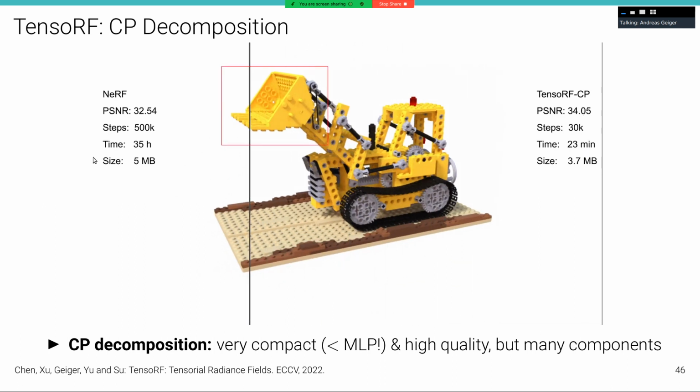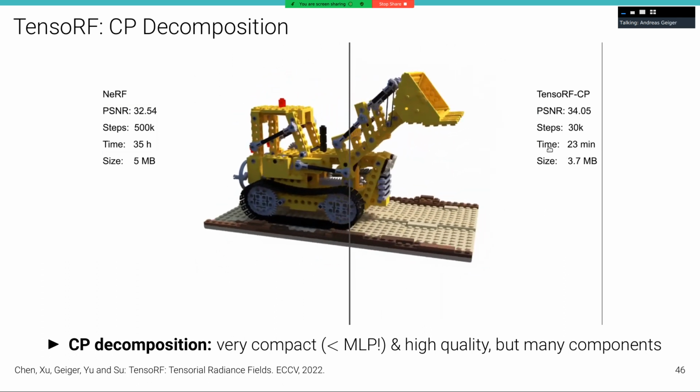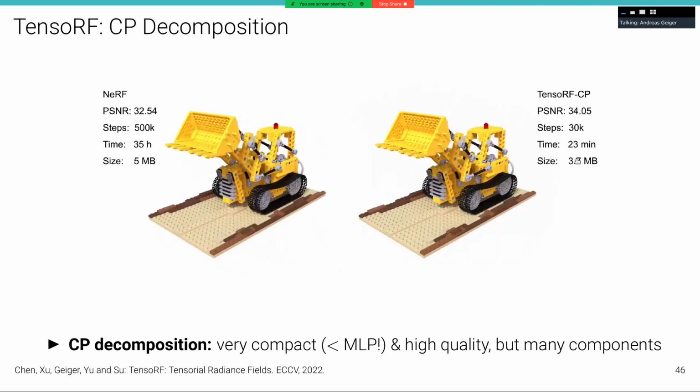So we get a higher quality at a smaller model size, but require many of these vector components. So training time is a little bit slower than the other representation, but still much faster than NeRF.